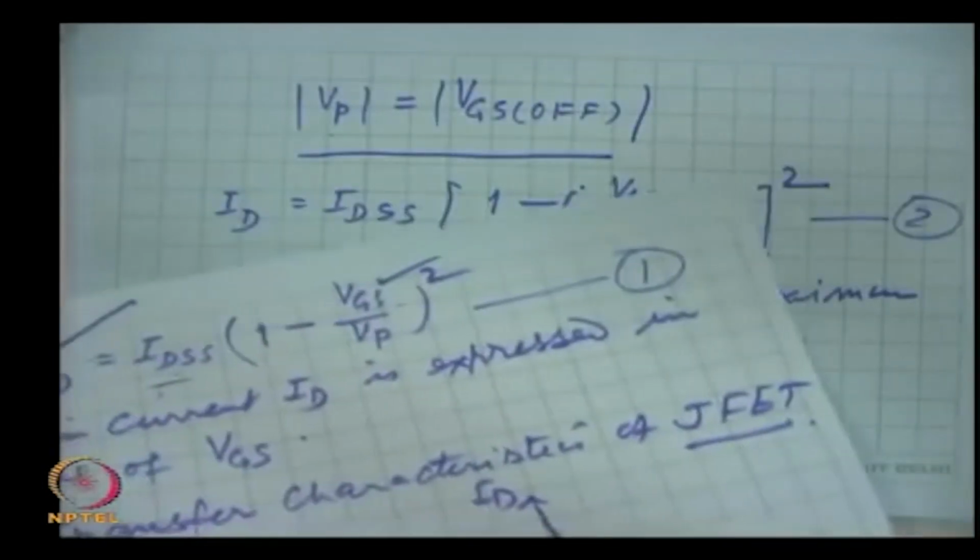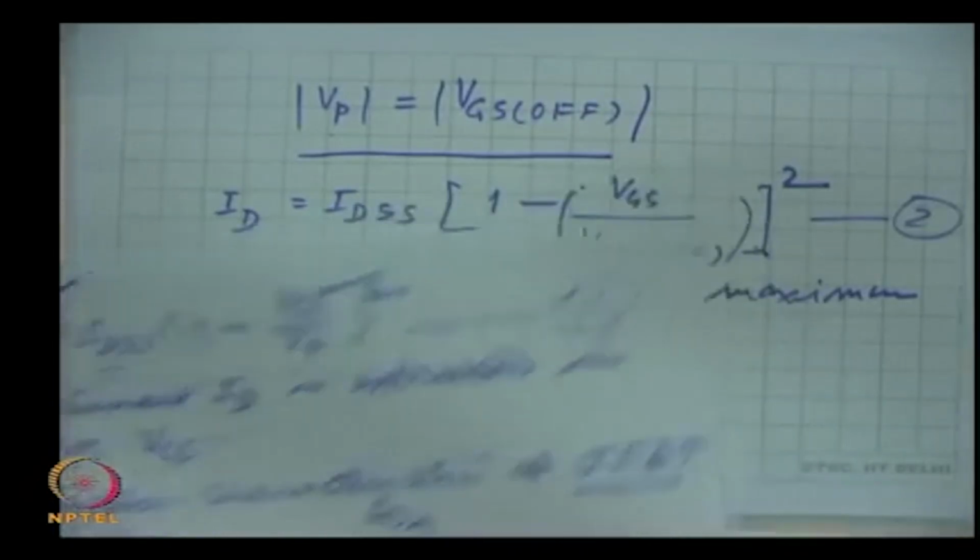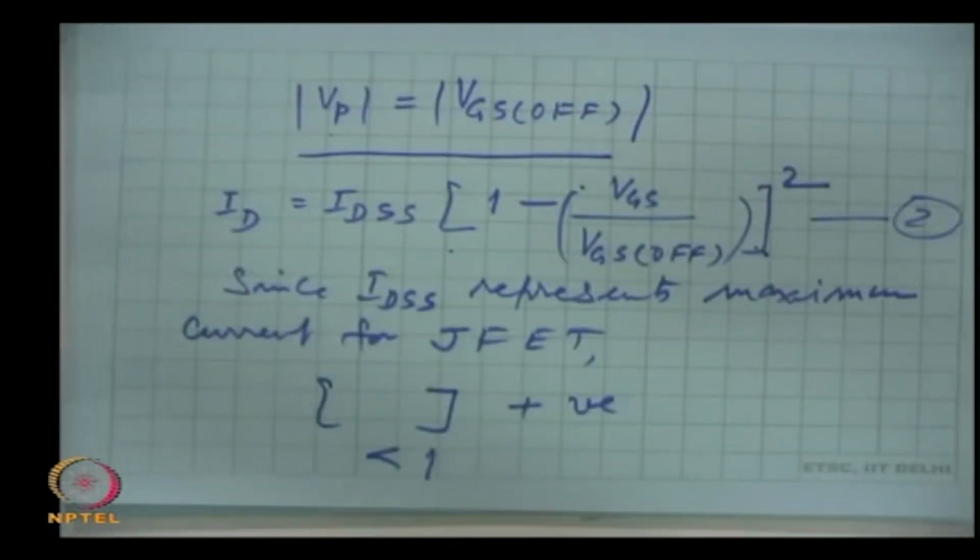So, this is all about the constant current region or saturation region. I repeat that the device is operated in this region when its purpose is to amplify the signal. When we develop the model for the FET, we will use the analysis and derive an expression for the voltage gain.